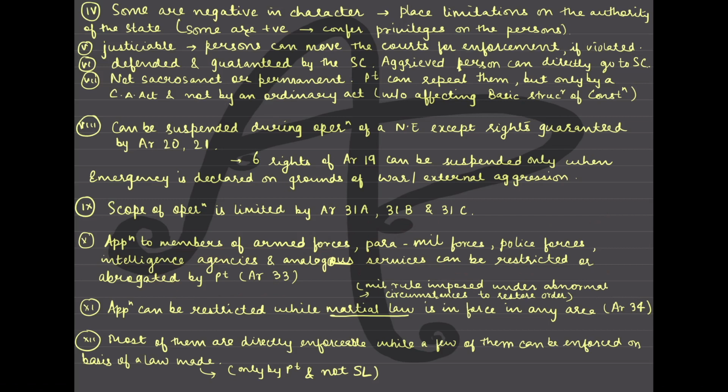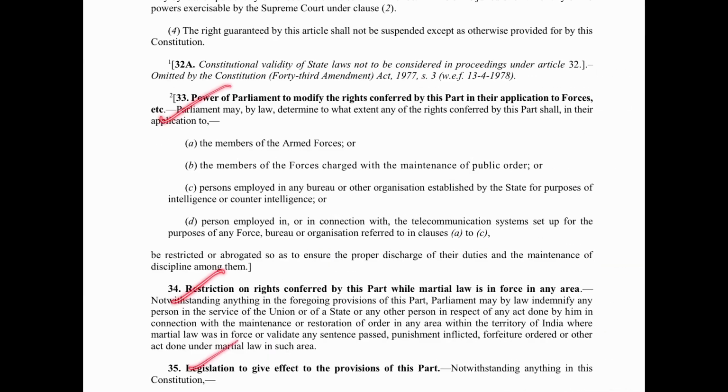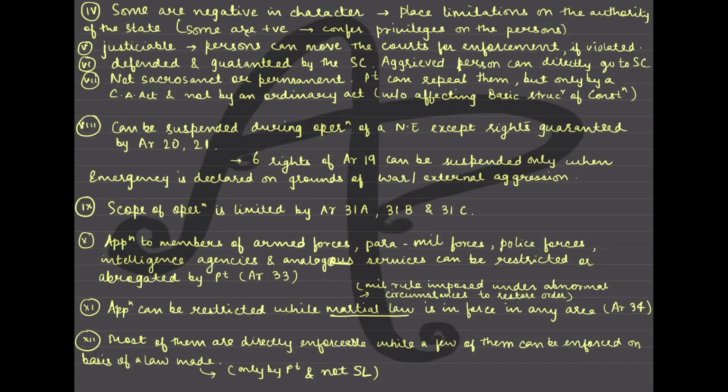For example, these 3 are about articles 33, 34 and 35. It is not written here, but this is article 35. So the idea is that we are going to see all of these articles separately. Okay, as all of these are given here, we'll see all of that anyways. And this, in fact, as I told, we'll do before doing the real fundamental rights. So you just have to know the headings of these.